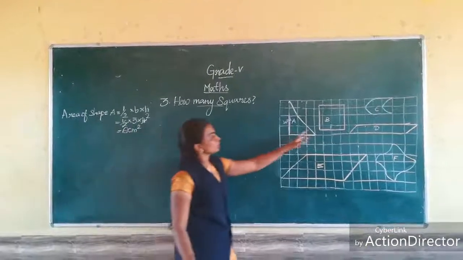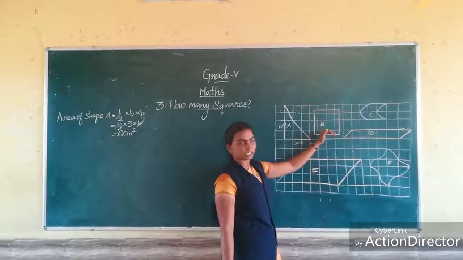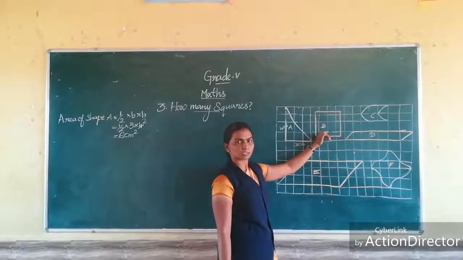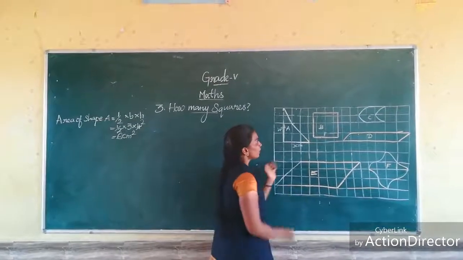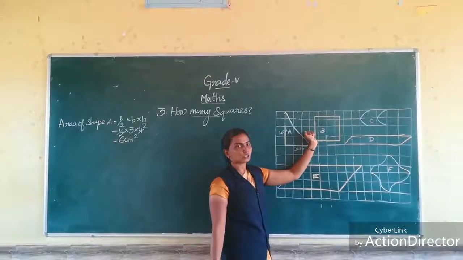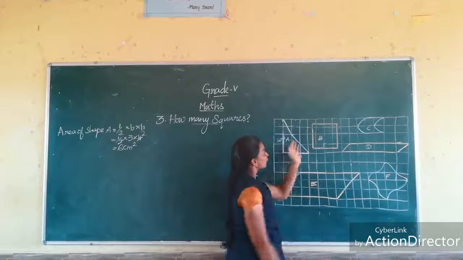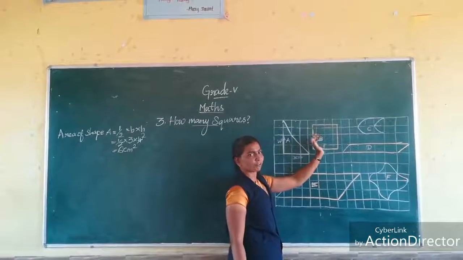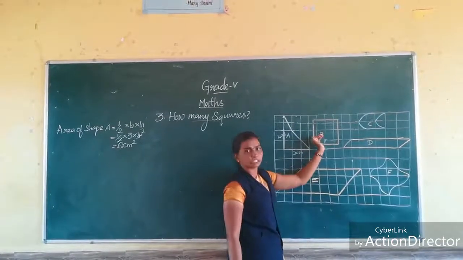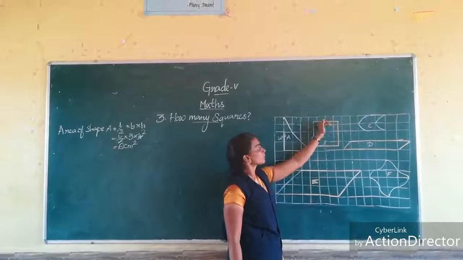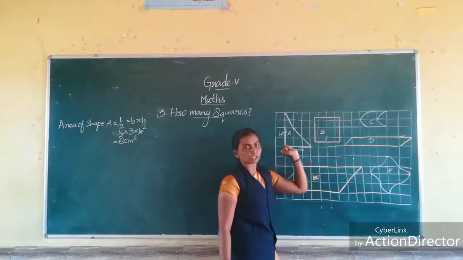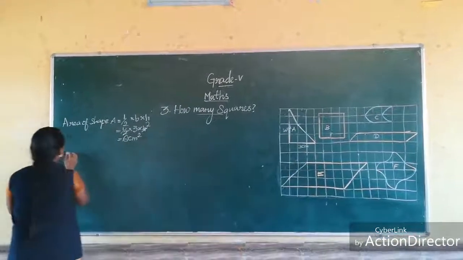Next, look at B. What is the shape? That is square. Here we can't directly find the area because it is in the half, quarter squares here. So first we want to count the full square and then half square and finally quarter square.